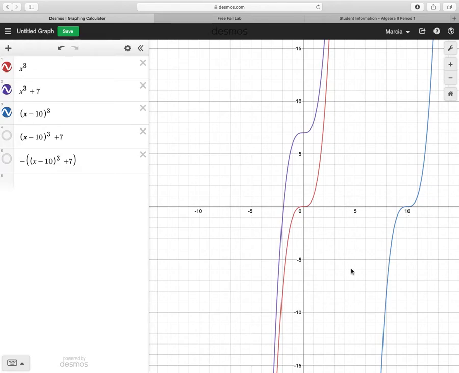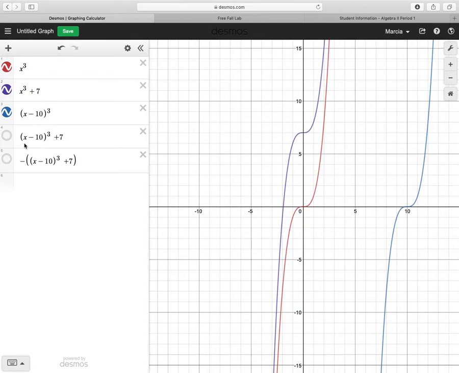Now, the next thing that we're going to do is combine these two functions. So notice I have x cubed plus 7 still on the screen in purple, and I have x minus 10, the full quantity cubed, here in blue. If we put all of that into one step, and we take the x minus 10 quantity cubed and add 7, it's easy if we start at this one to see what's going to happen.